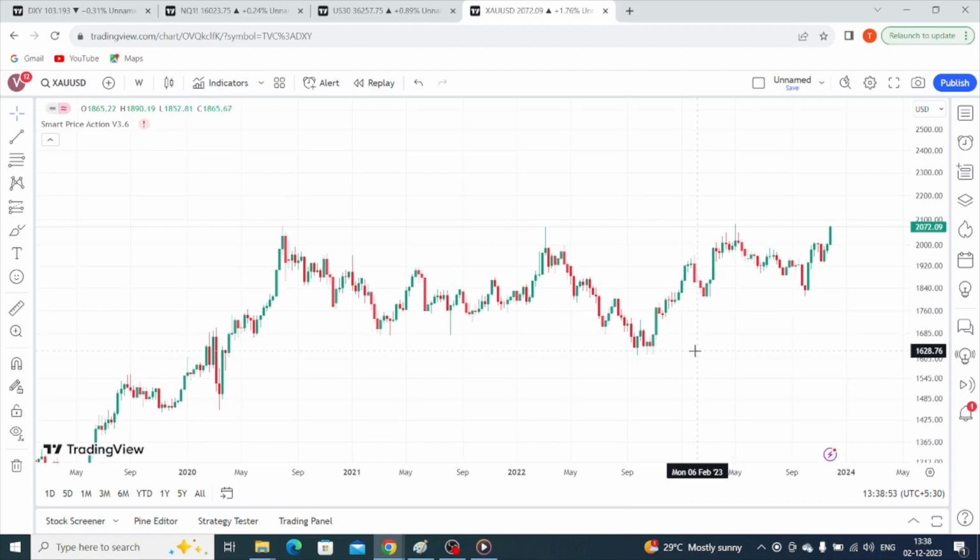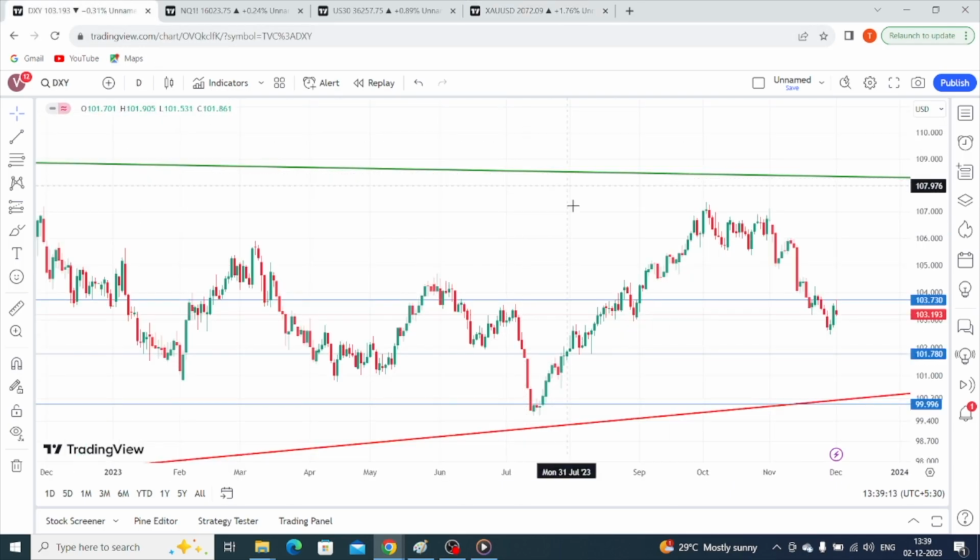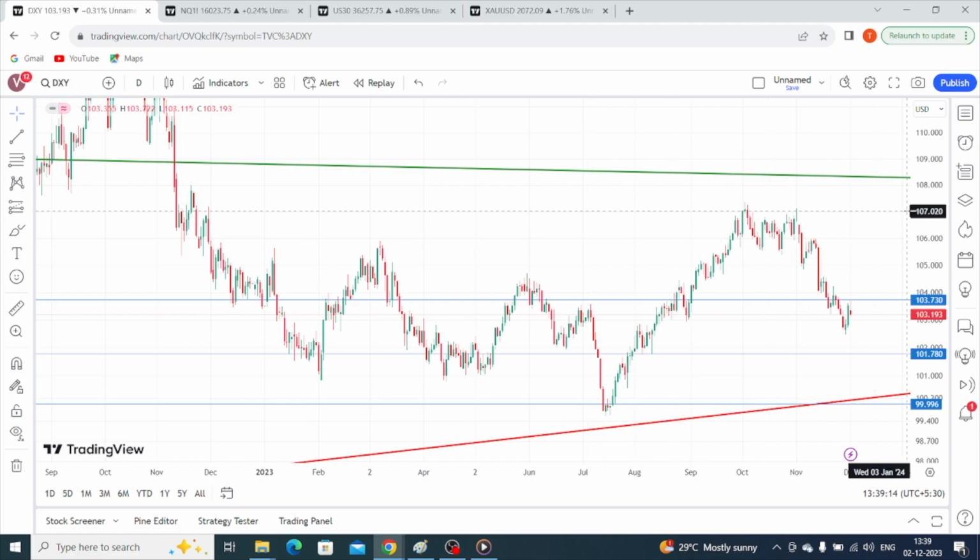Now people are presently very bullish in gold and along with silver as well, because they have given a breakout in weekly terms, correct? Now what is going to happen in the near future? It all depends on the dollar index, where it goes.